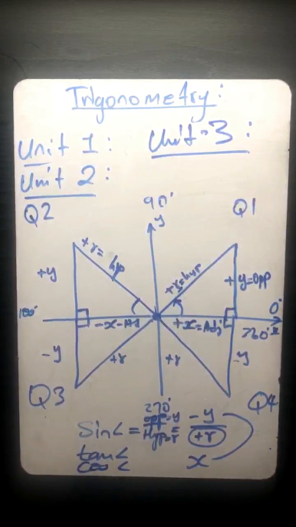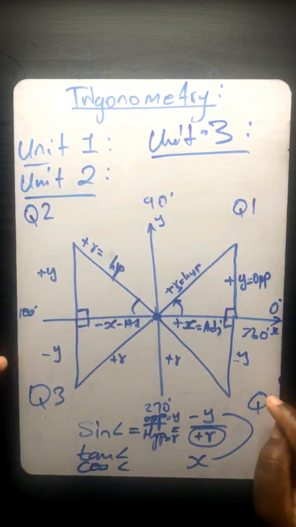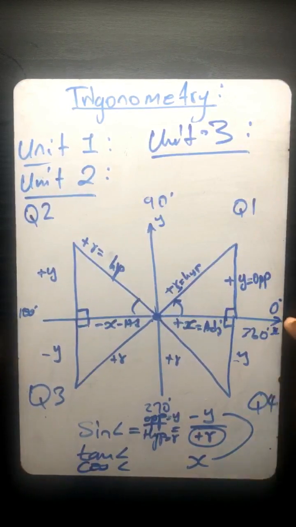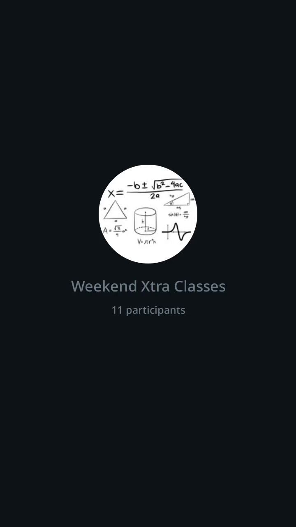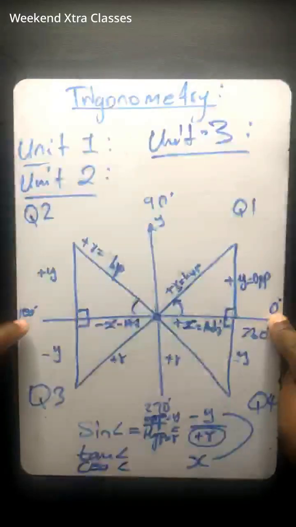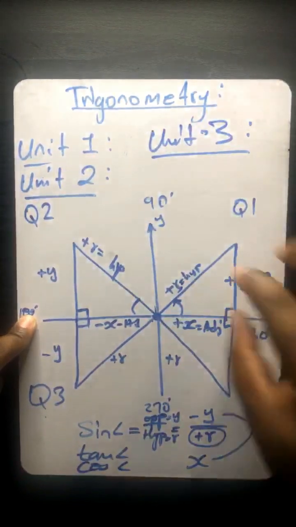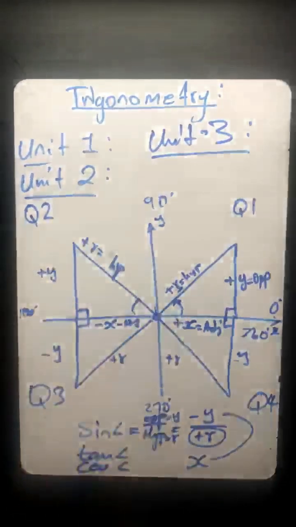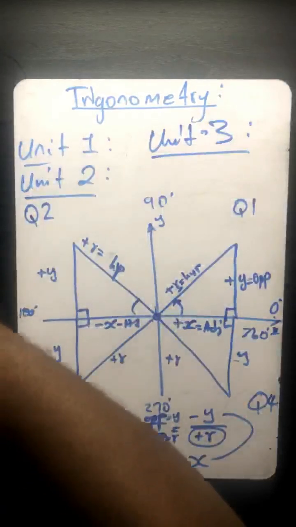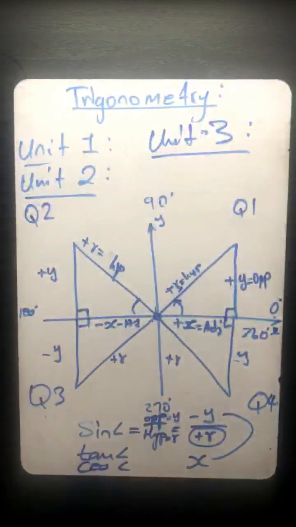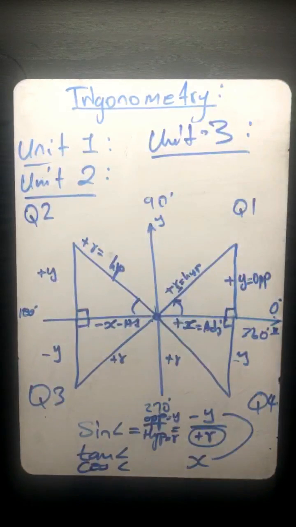The examiner can try to be smart and give you a range to say your triangle is between a 0 angle and a 180 degrees angle. So that means you need to use your tricks to find out whether it's in the first or second quadrant, which is something that you will learn at a later stage when we start answering exam questions.